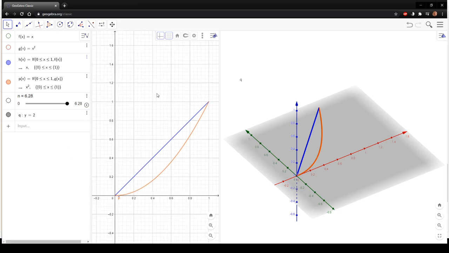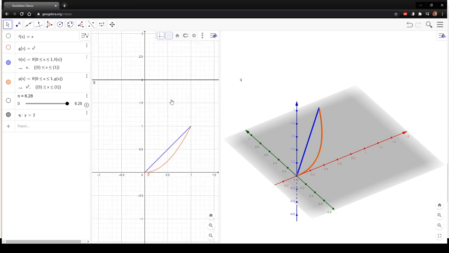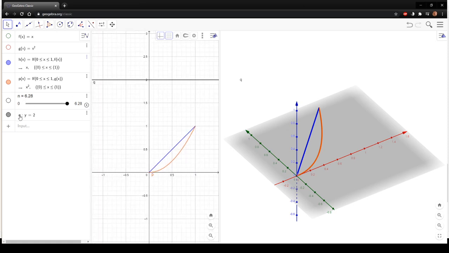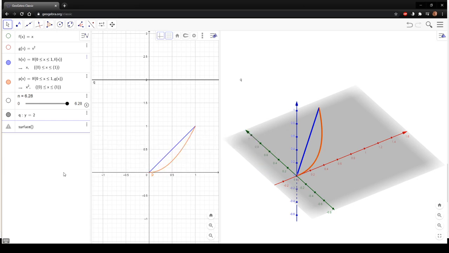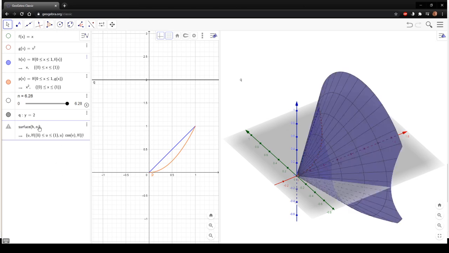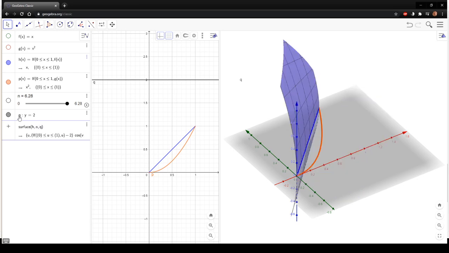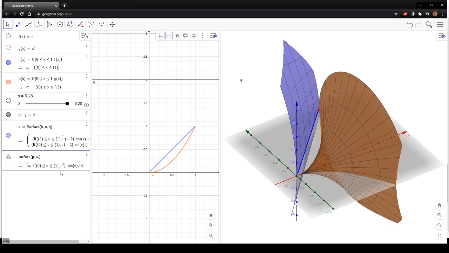If you just type in y equals 2, GeoGebra will construct that line, and it gave it the name Q. So when you're creating the solid of revolution, now in this third slot, instead of putting one of the axes, you're going to put the name of the axis of rotation, which in this case is just Q. We have to do that for H and P, because those are the two bits that we are rotating.